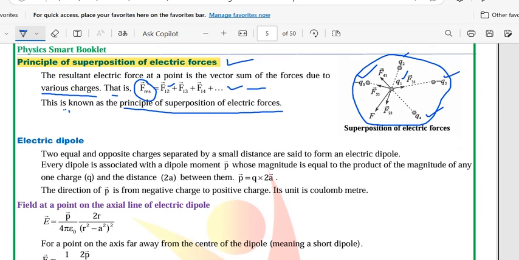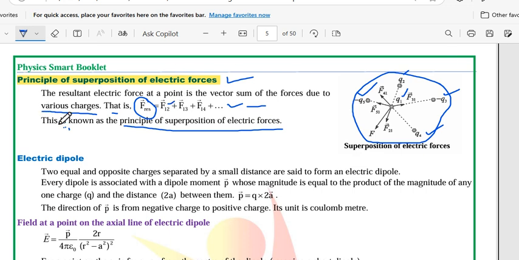Then how will you derive this? What is the formula to write the force acting between two charges?